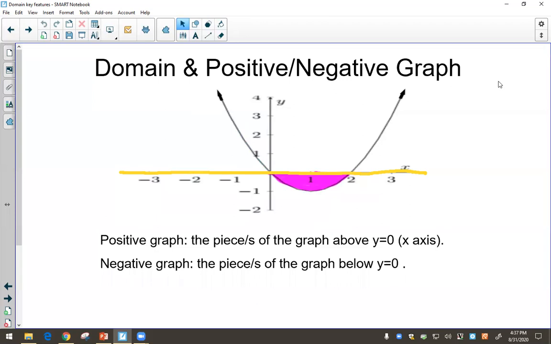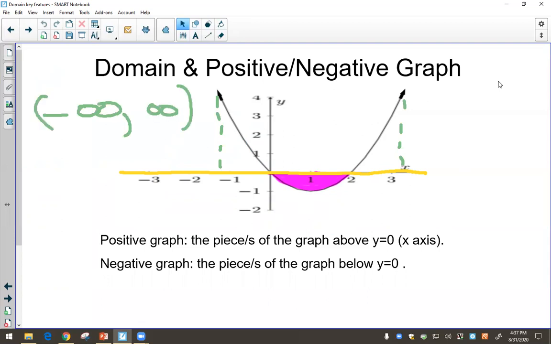In another class, we will look at the key features that are related to the y-axis. So what would be the domain? Look at the broken line. But guess what? The graph on this side is going forever, on the other side is going forever. So it's negative infinity to positive infinity.